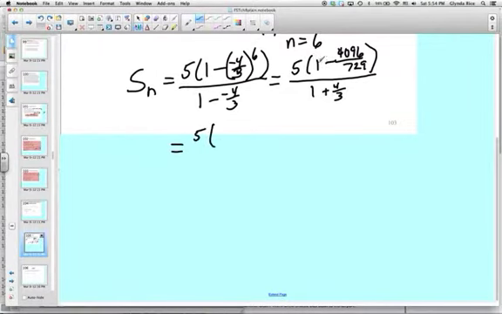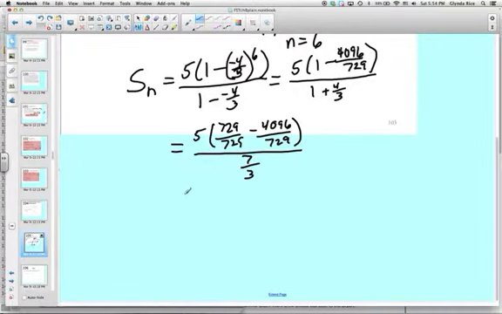I'm going to call this 729 over 729 minus 4096 over 729, and then the whole thing is over 3/3 plus 4/3 is 7/3.